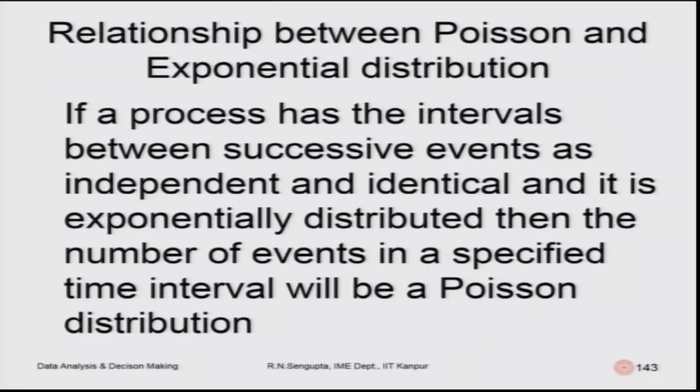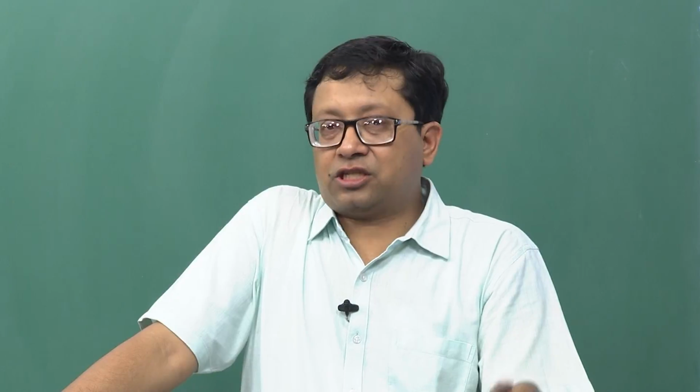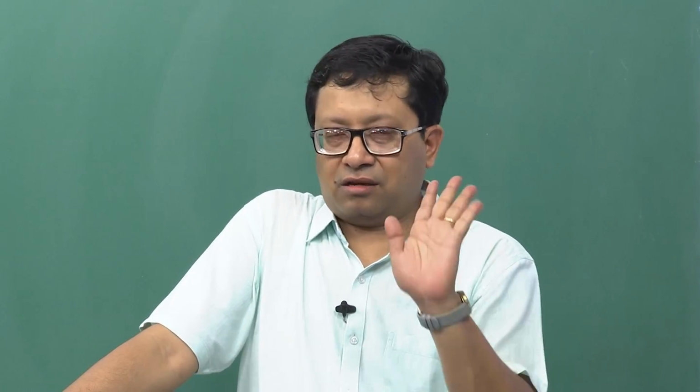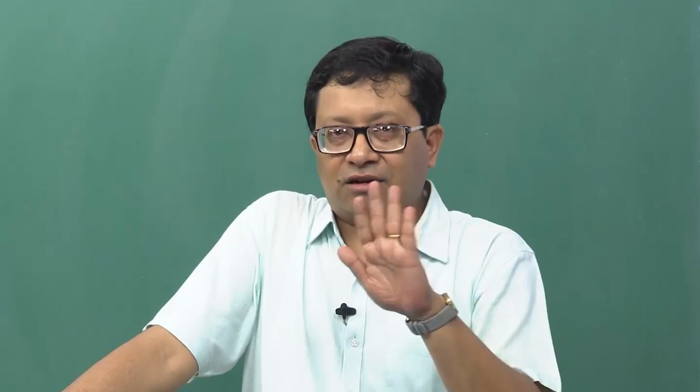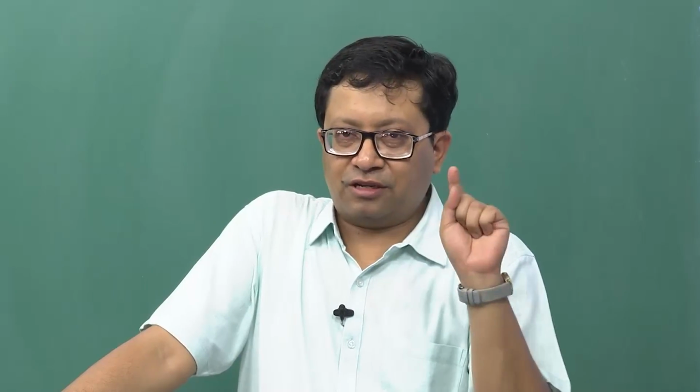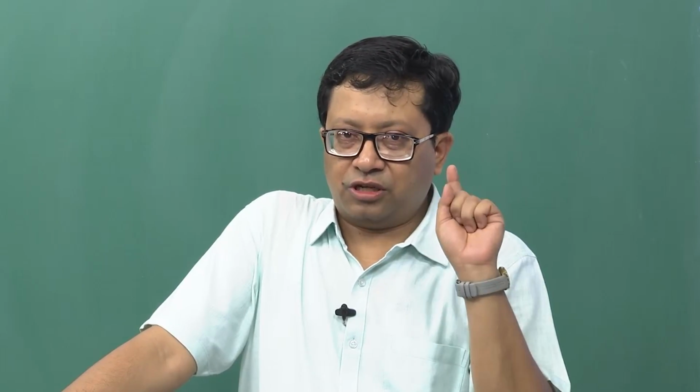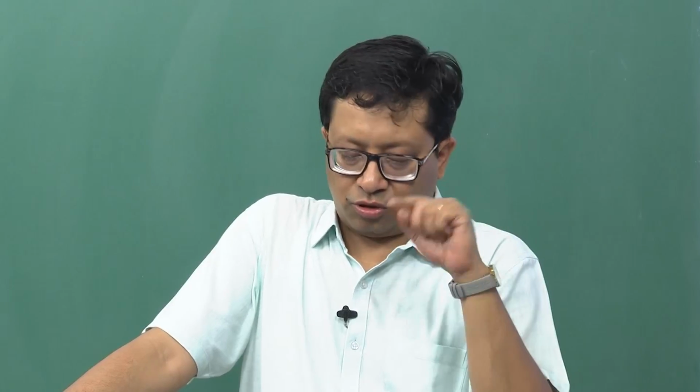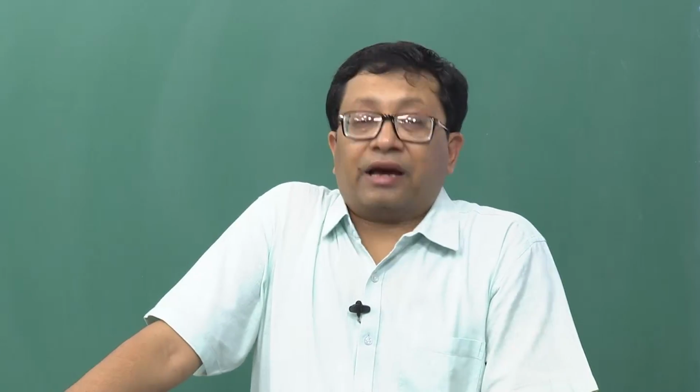Now, if you remember, when I had just started the class, on the slide the 10th lecture number was there. I did mention the relationship between exponential and Poisson distribution. So, here it is, I will again repeat it.